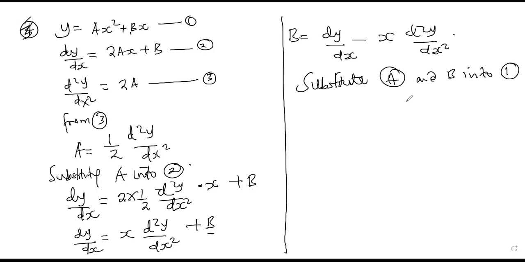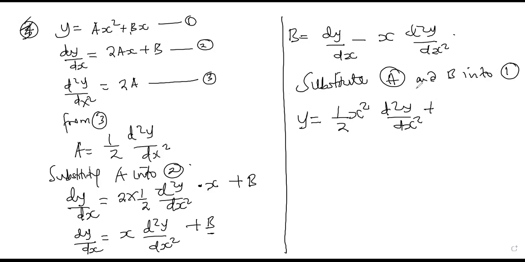So when we substitute a and b into equation 1, it means that we shall have our y is equal to ax squared. Our value of a is a half, x squared, because I'm substituting the value of a. So then d2y dx squared plus bx.